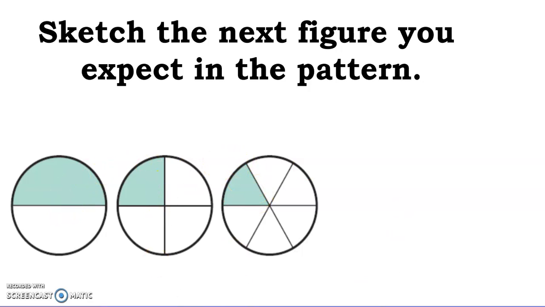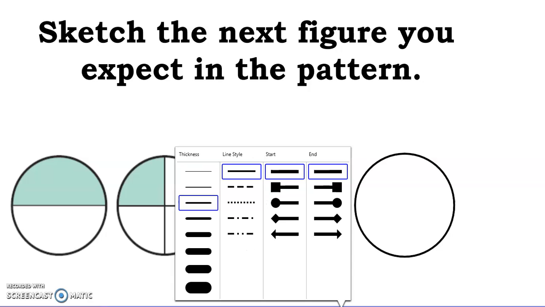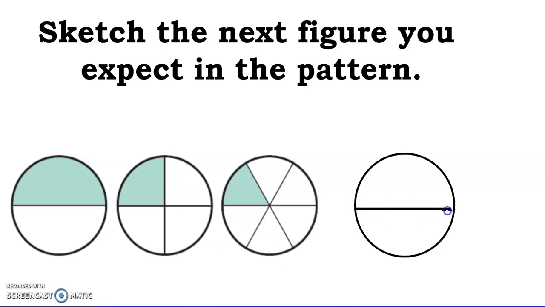So our next circle is going to have 8 equal parts. Okay, that was not the best, but something like that. And we're going to have the top left part shaded. Okay, we'll look at a couple more patterns.